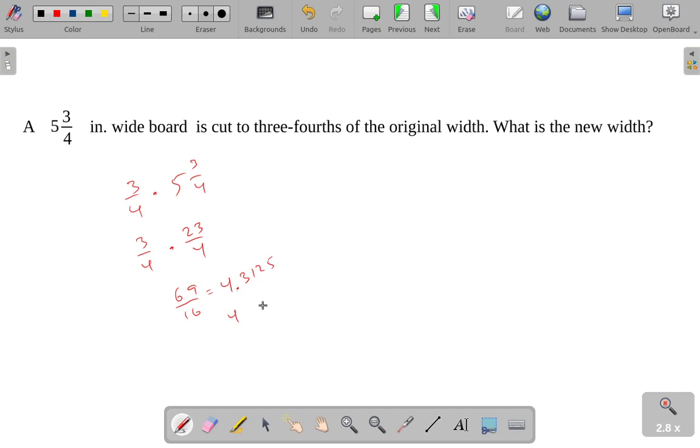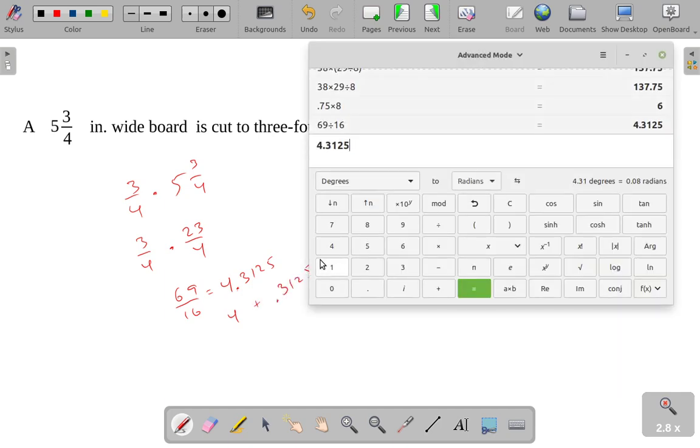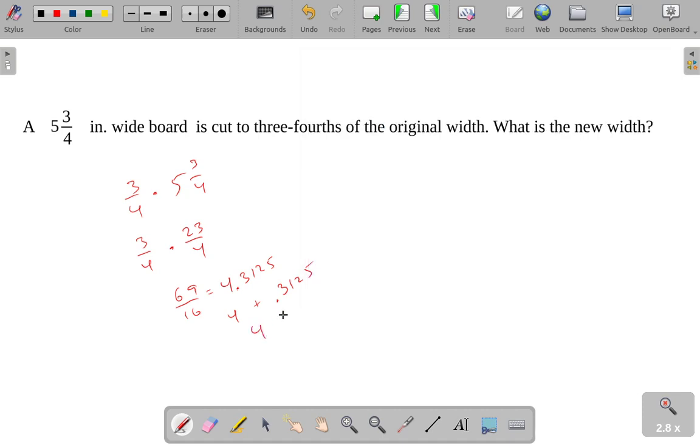So we're going to take that 4 and the 0.3125 separately. I'll take the 0.3125 times 16, because that's the number I divided by. That gives me 5. So this is 4 5/16.